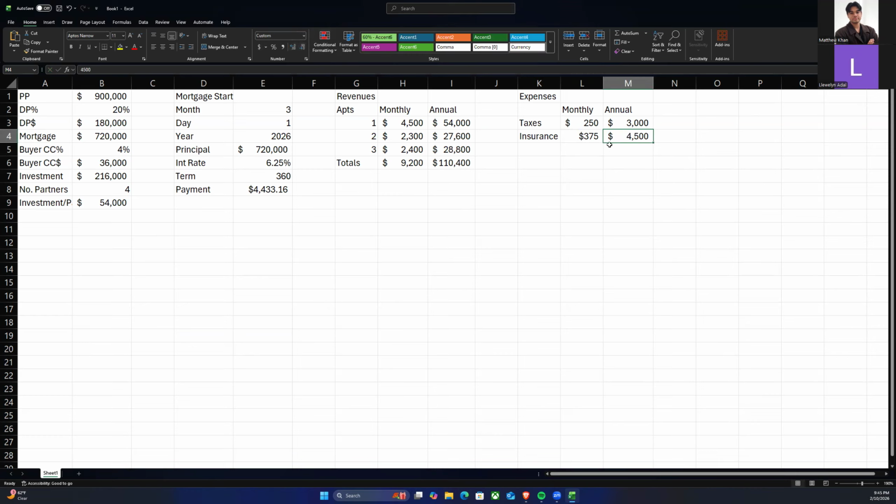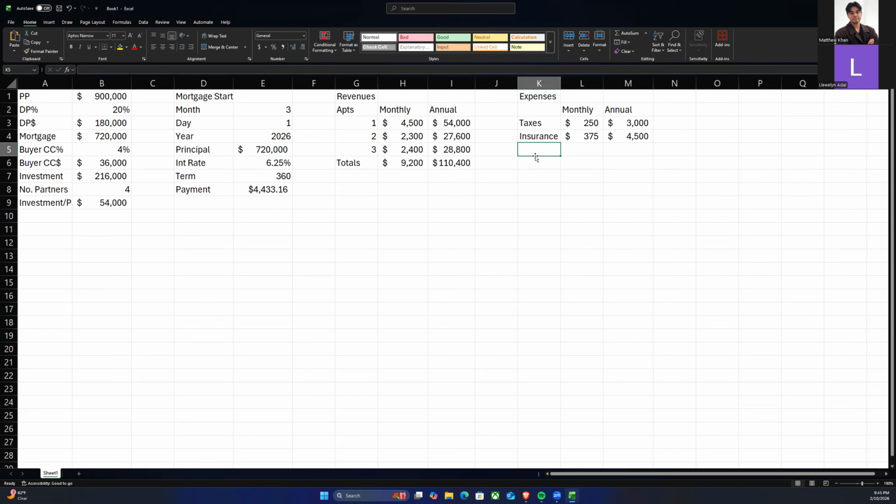What other expenses do you think buildings have? Property tax, insurance. The utilities. Well, okay, so there are two utilities in New York.